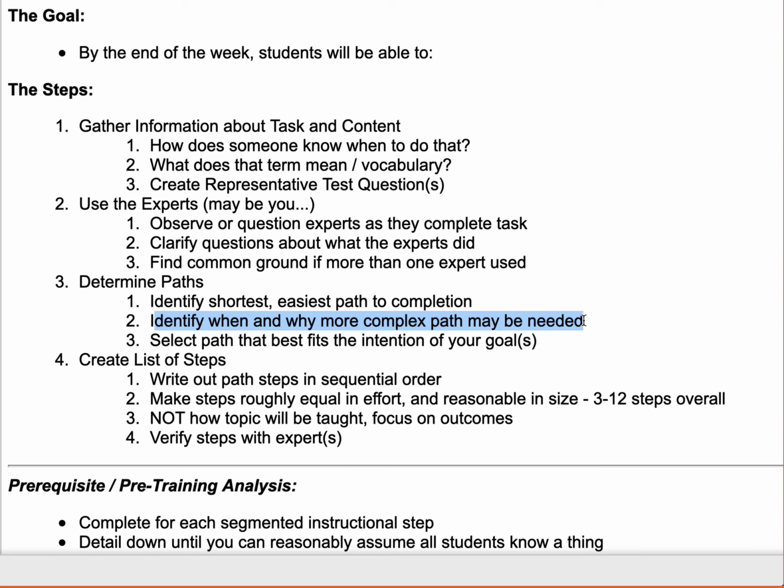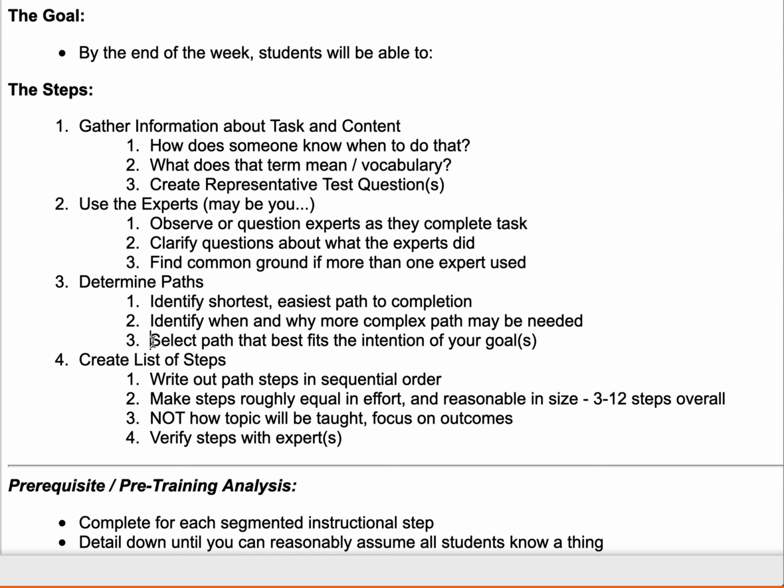It may not be the shortest route or the easiest route, but if I have a restriction where I can't pay tolls, or maybe I'm driving a big truck and I can't drive on parkways or something like that, there may be other circumstances that mean that you have to use a path that may not be the shortest one. So that would be something good to identify early on. Maybe you want your students to go through particular steps that may not strictly be necessary, but you want them to have the experience of going through those steps.